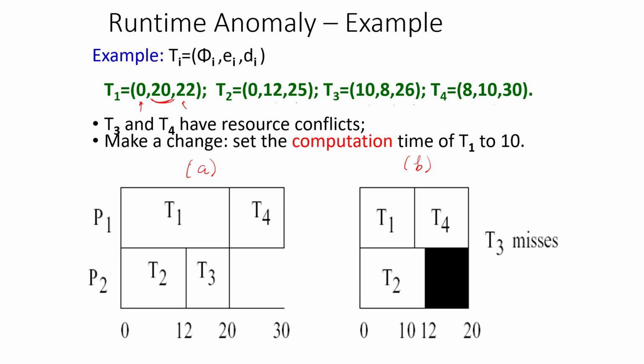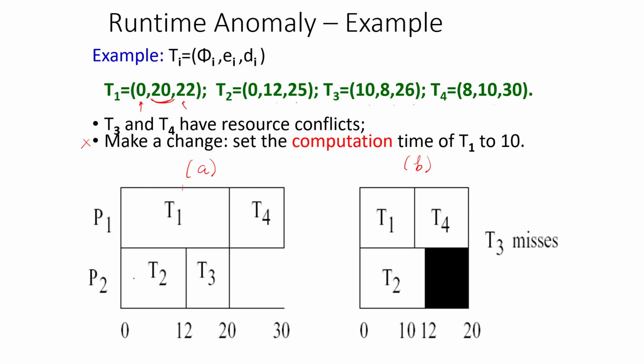So let us first look at A. We have not come to this point yet. What we will see is that task T1 is schedulable. In a sense, the first 20 time units go for T1.